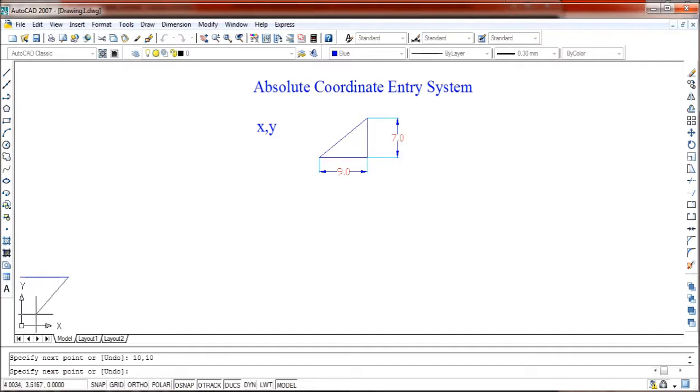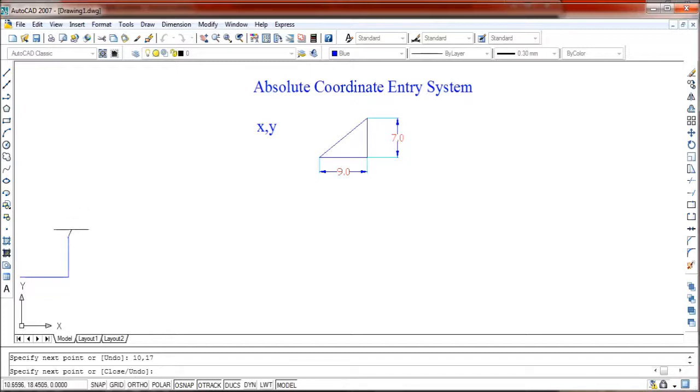So I have to add 7 units to the y value, but since there is no change in the x dimension, I have to put the x value as 10. So the next point is 10 towards x for the vertical line, then 17 towards y, then press enter.